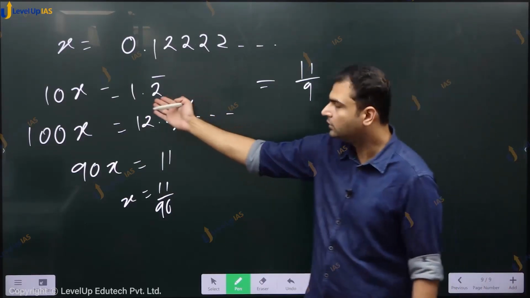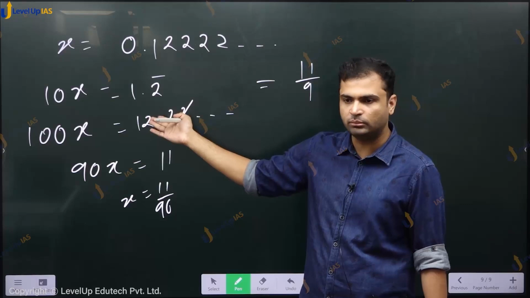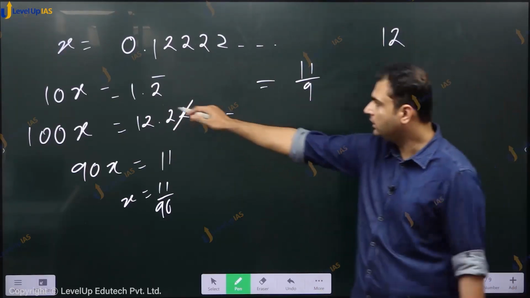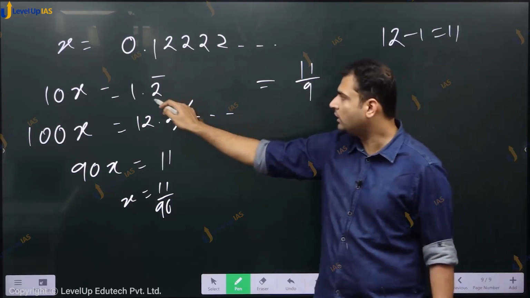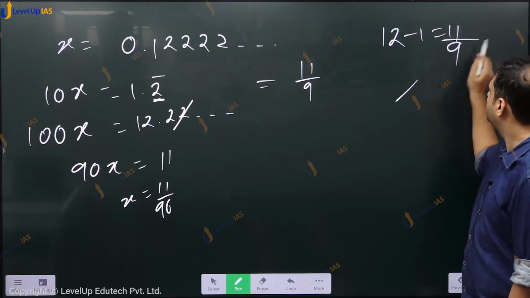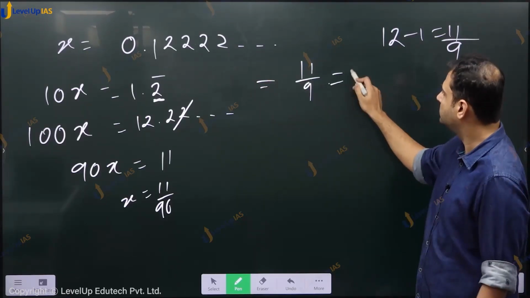है ना? If we apply our working rule to this number, I take the entire number which is 12, then the integral part I subtract from it, and for whatever number of digits are repeating, that many 9s I write. So I'll get 11 by 9, which is 10x.